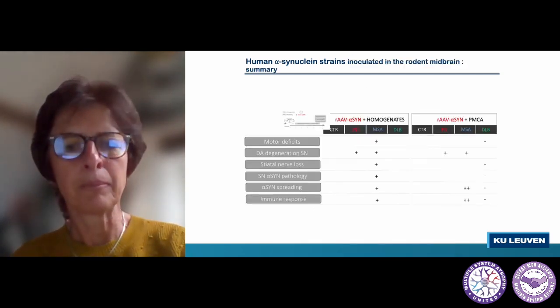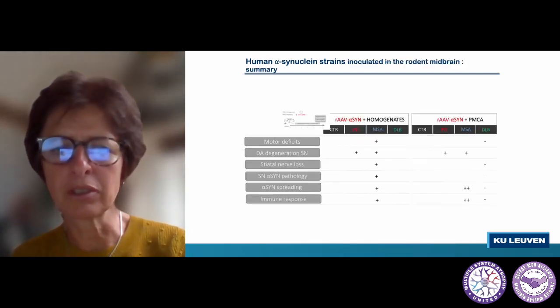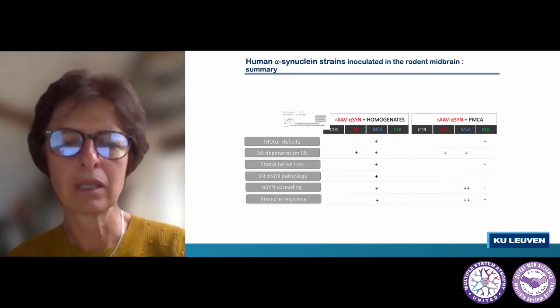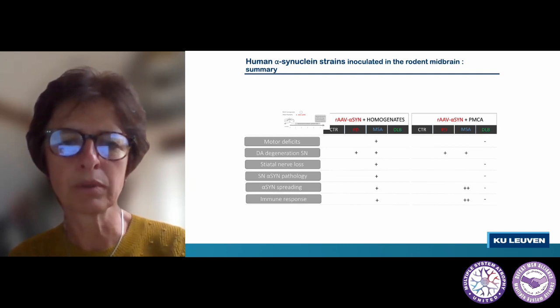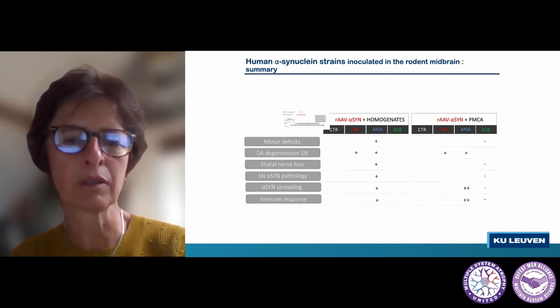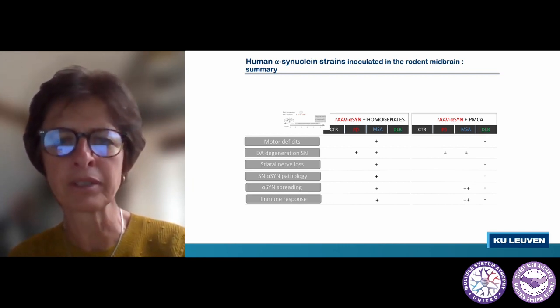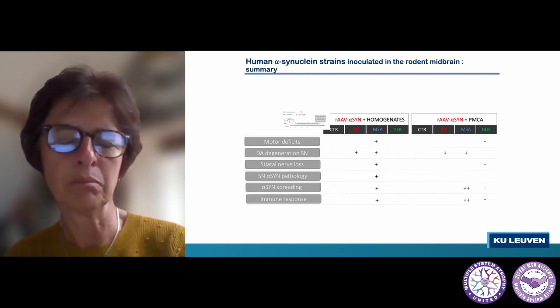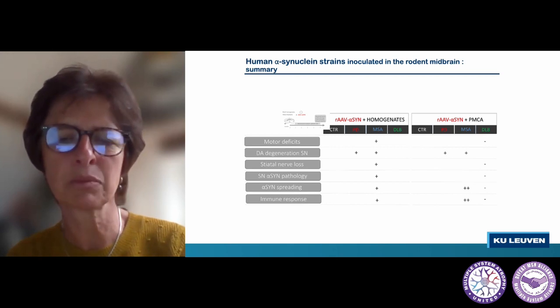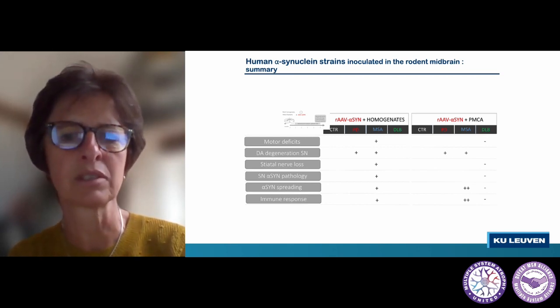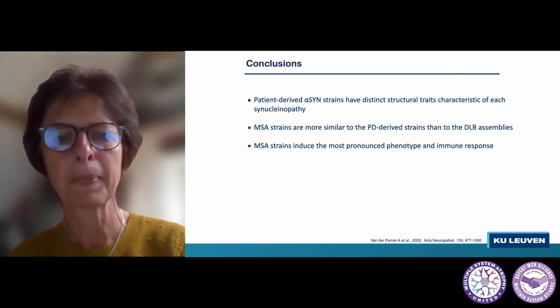So the conclusion of this study was that in almost all of our parameters, the MSA group showed the most extensive, more severe phenotype, which can be reminiscent of the disease. MSA is a much more aggressive disease than Parkinson's disease or dementia with Lewy bodies.